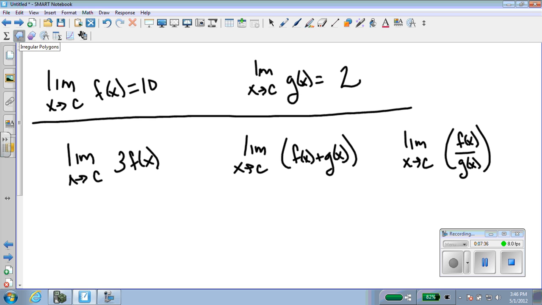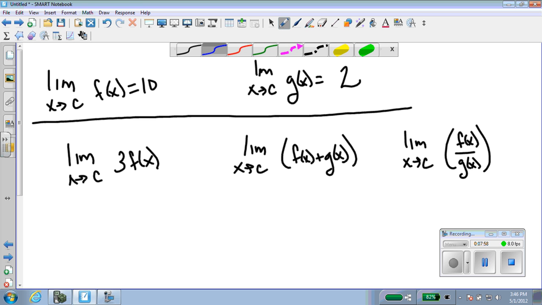Here's some other little interesting tidbits. If the limit as x approaches some constant, c, some number, of f of x is 10, and the limit as x approaches c of some function g of x is 2, then we can actually answer questions without seeing either graph.